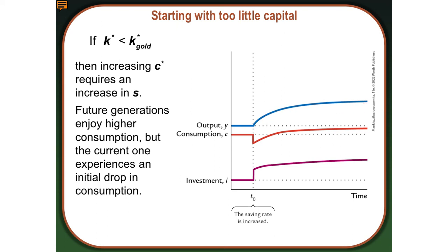So as output increases, we can both consume more and invest more. And so again, this leads to a level of consumption in the long run that exceeds the baseline, this dotted line where we started. So there was some sacrifice initially, but that savings led to higher capital and increasing output and consumption. And with that, that about wraps up Chapter 8.